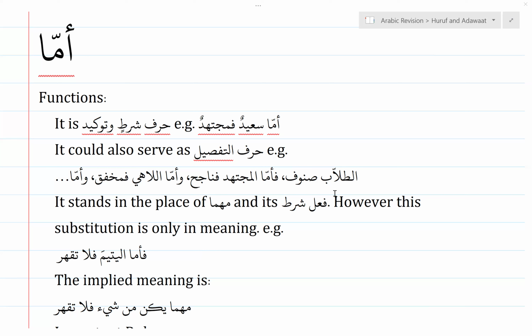The students are in different categories, or groups. فأما المجتهد, you have a group that is hardworking, فناجح, he will succeed. وأما اللاهي, the lazy one, فمخفق, he's going to fail. وأما فلان, as for this group, they will go through this. That's the kind of tafsil. It offers details or explanation of something.